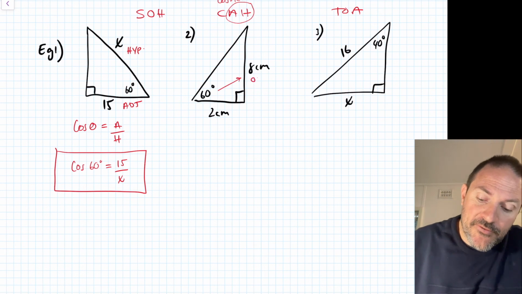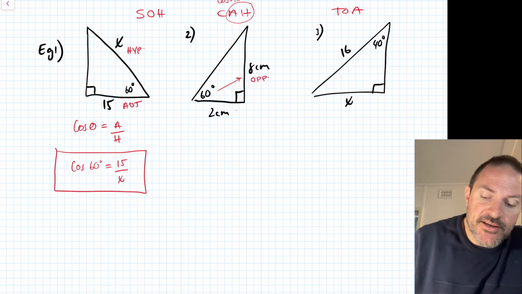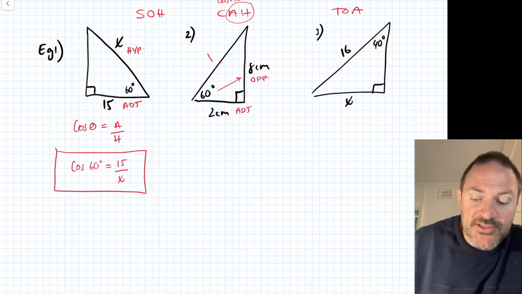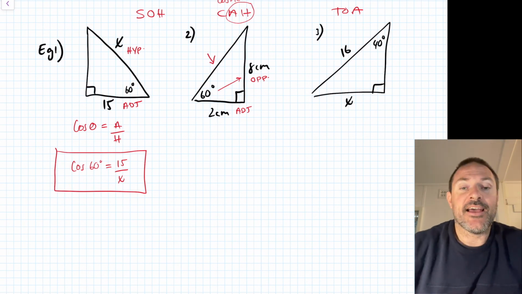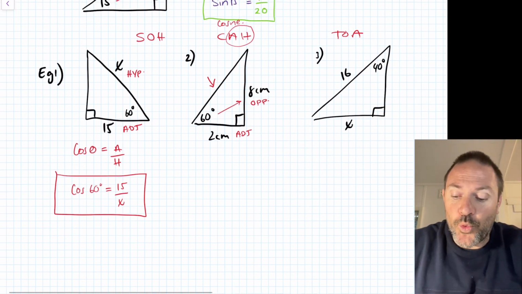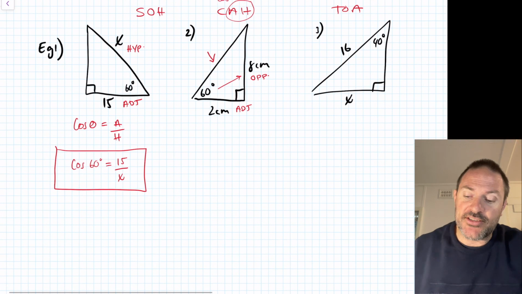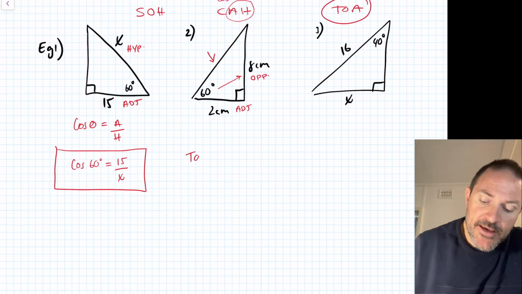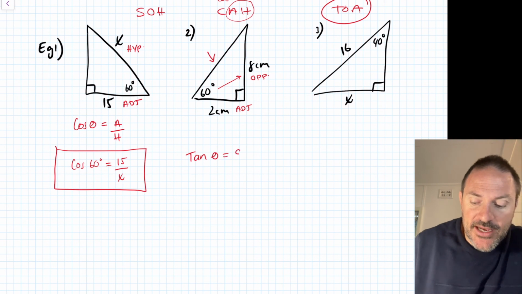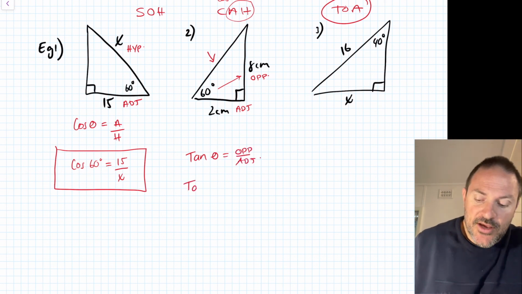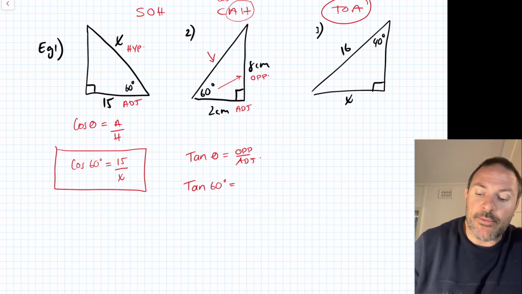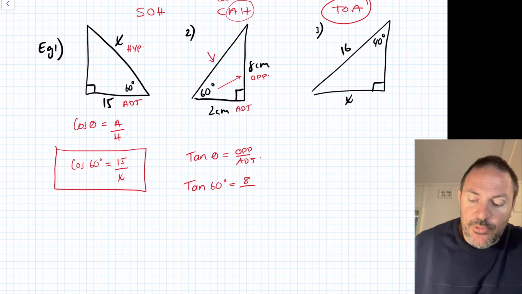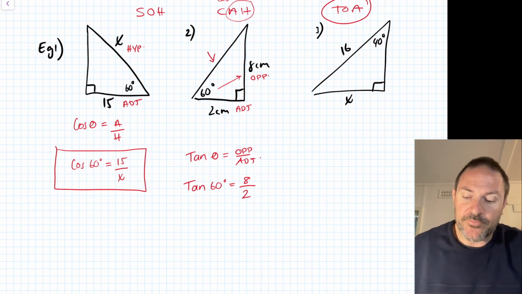Next one. Okay, we have the opposite side. We have the adjacent side. We do not have a hypotenuse. So which uses the opposite and the adjacent? Out of my rule, TOA does. So tan theta equals my opposite over my adjacent. We can say tan 60 degrees equals, now my opposite is 8 and my adjacent is 2.